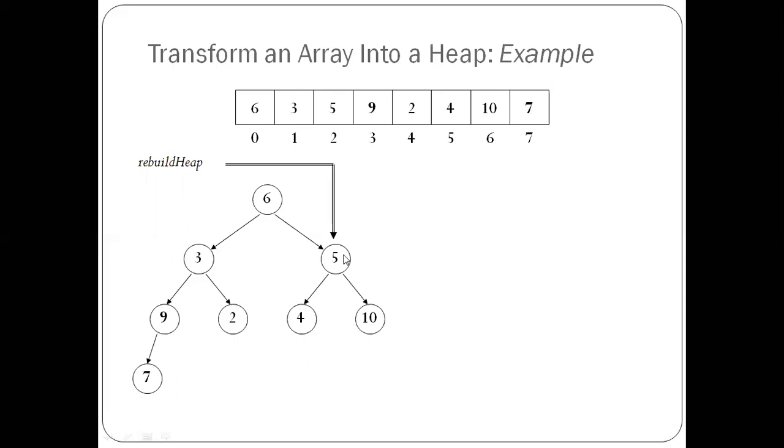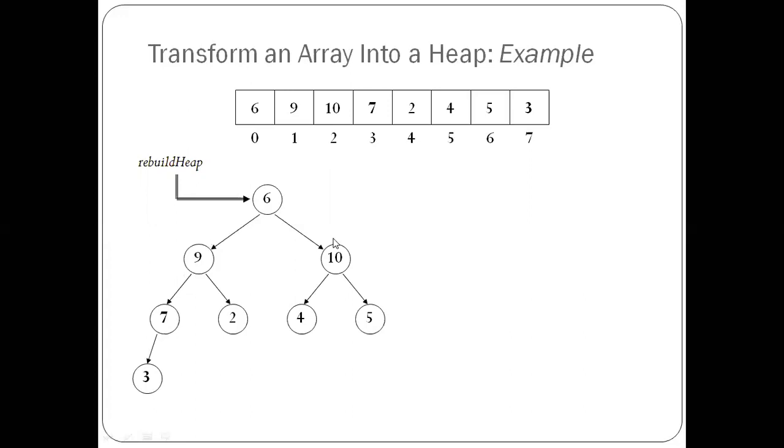Next is the next parental node, 5. So 10 and 4 are compared. The larger value will be coming and interchanging with the 5. You will be getting this. Then with respect to 3, again it is checking its child nodes, and whichever is the larger one will be replacing or exchanging. Now 3 is also not satisfying, so 3 should come down and 7 should go up.